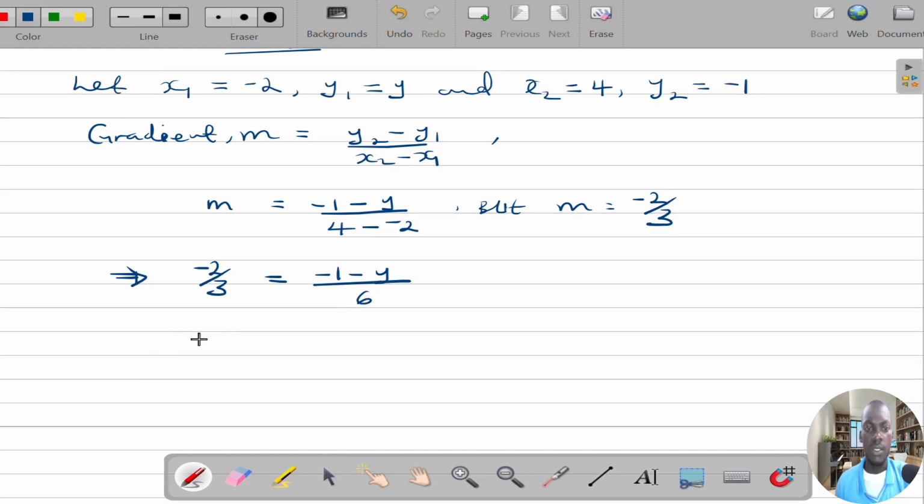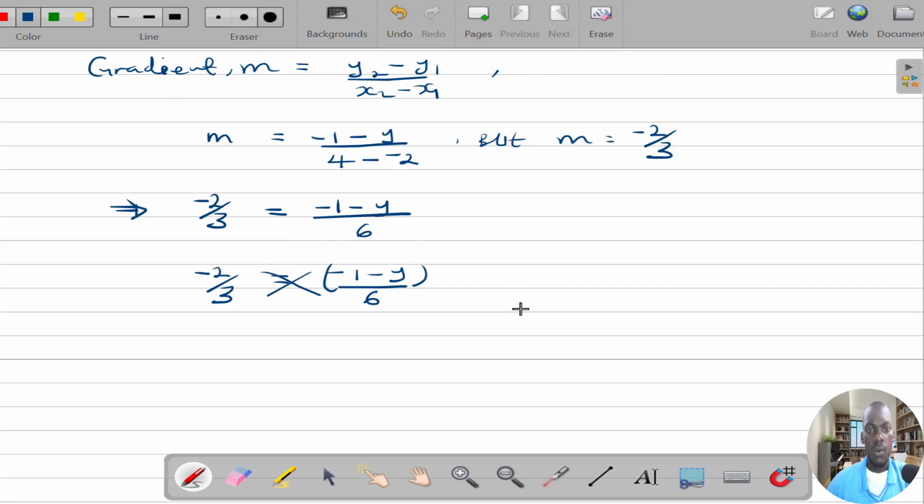Our next step should be cross multiplication. So we have this divided by 6. We are going to cross multiply. And as we cross multiply, we are going to have 3 into -1 minus y equaling -2 times 6. Let's simplify.